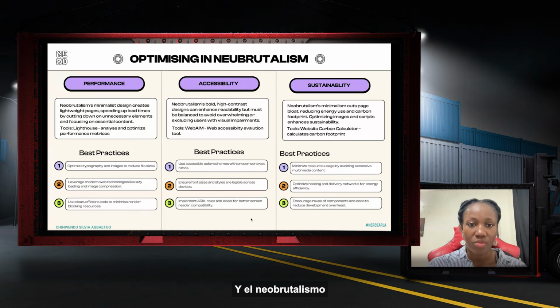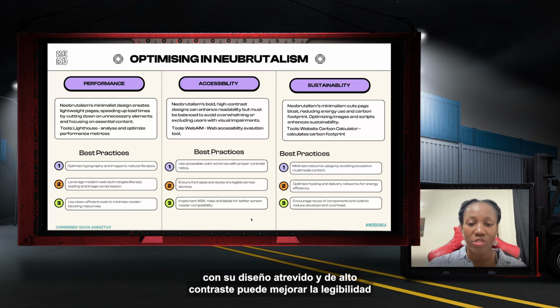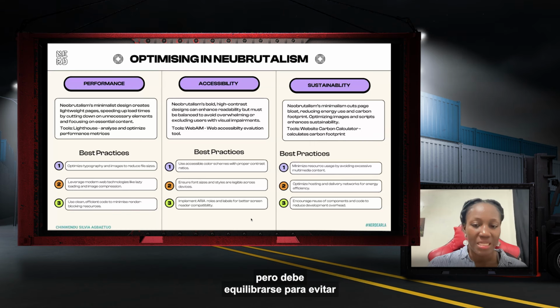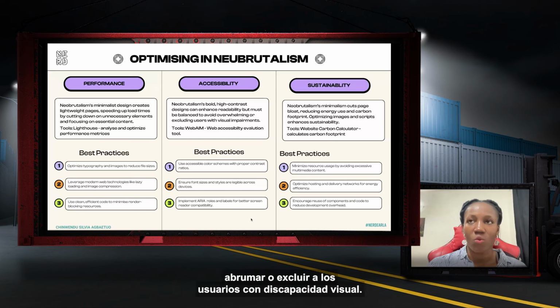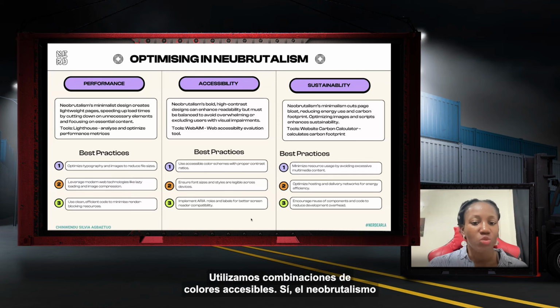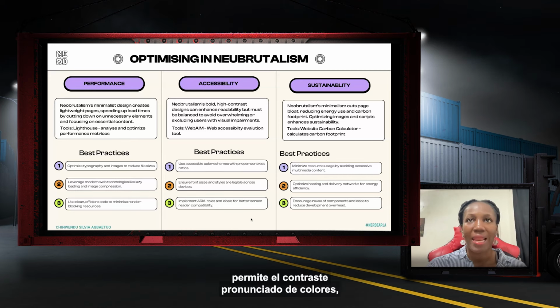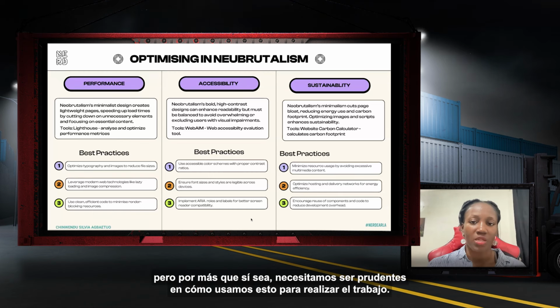And Neobrutalism's bold, high contrast design can enhance readability, but must be balanced out to avoid overwhelming or excluding users with visual impairments. So how do we go about that? Use accessible color schemes. Yes, Neobrutalism allows for stark contrast of colors, but as much as that, we need to be wise in how we actually use this to get the work done.